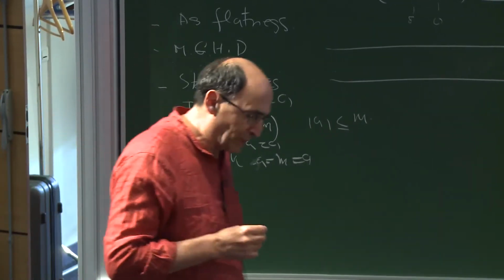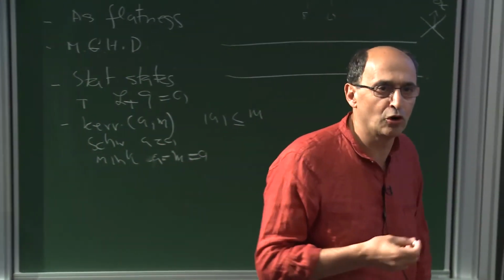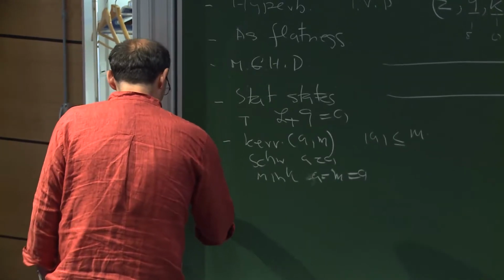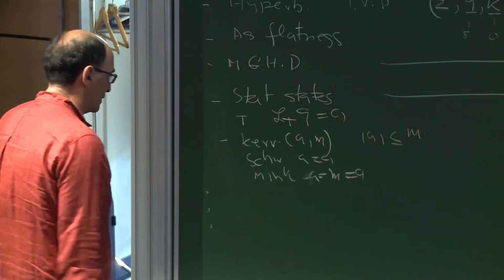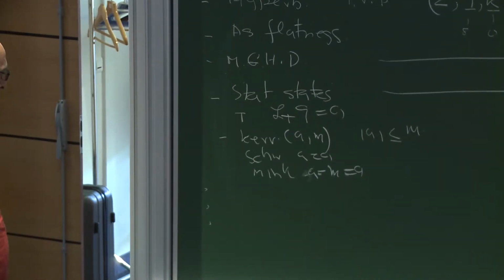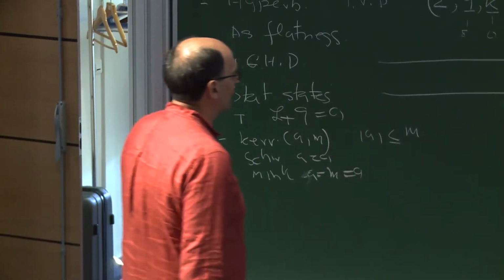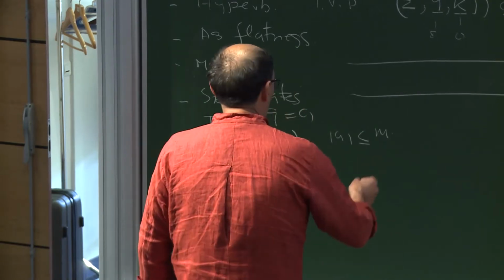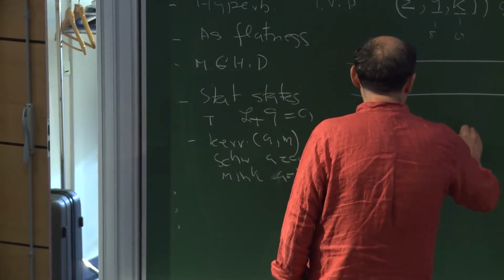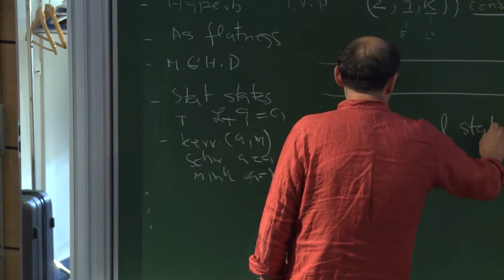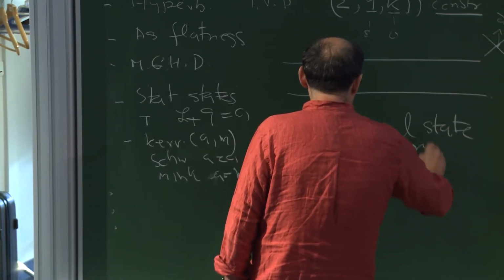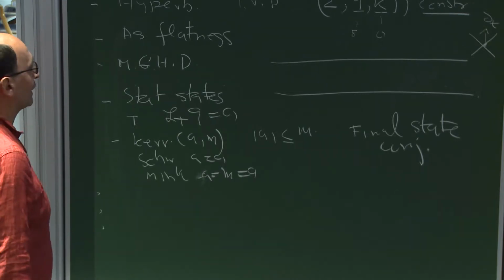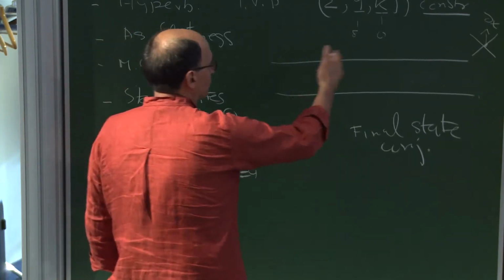And then, once you think that you know all the stationary states, which of course is a problem, I'll mention here that there are 3 obvious problems connected with the Kerr solution, with the Kerr family. Then you can conjecture, as people have done, the so-called final state conjecture, which is that if you take any initial data, then asymptotically, well, it's going to be very complicated.